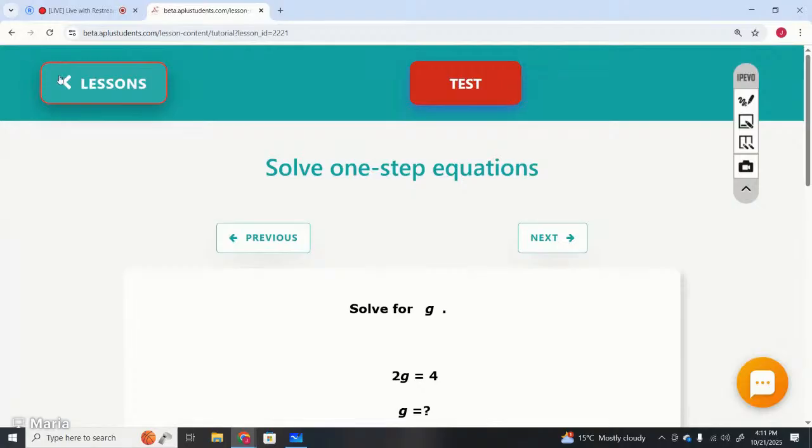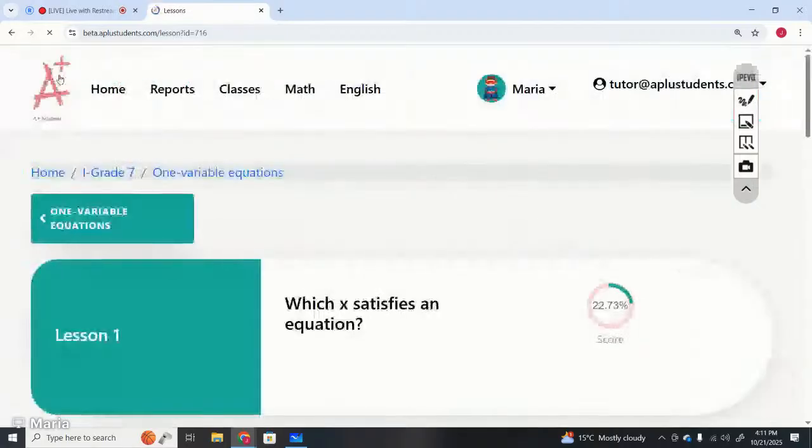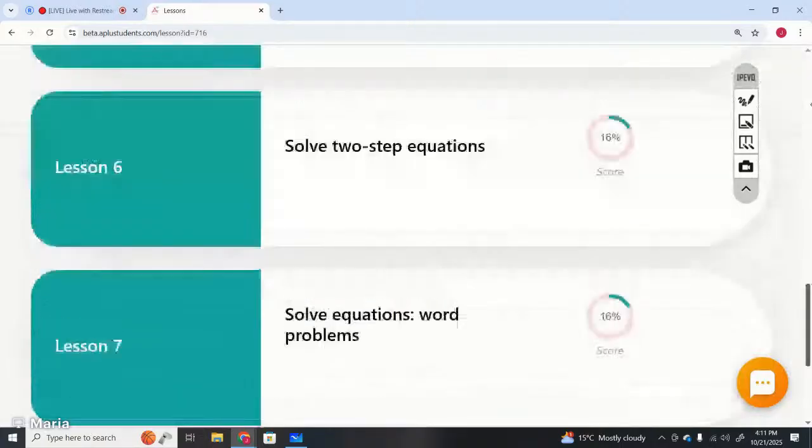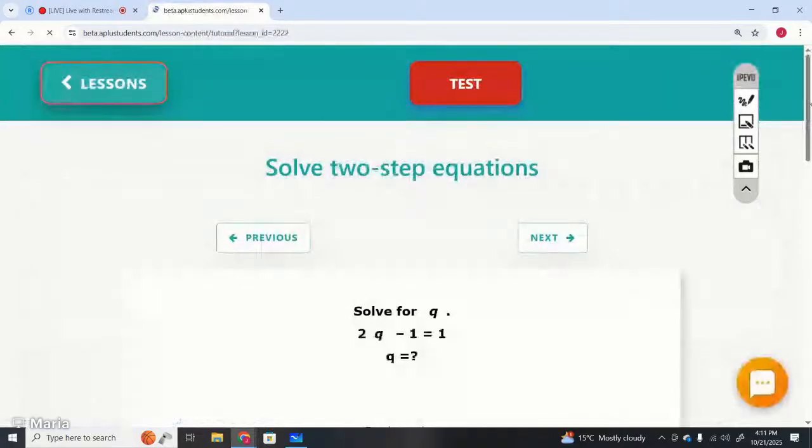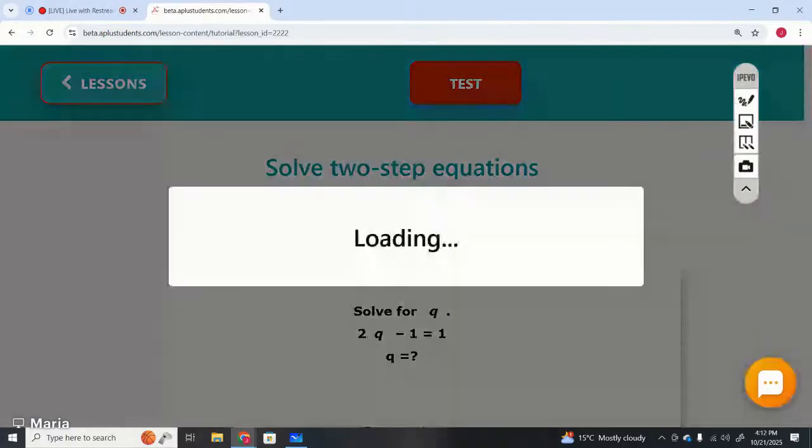The next lesson is solve two-step equations. Let's just start with the test questions.